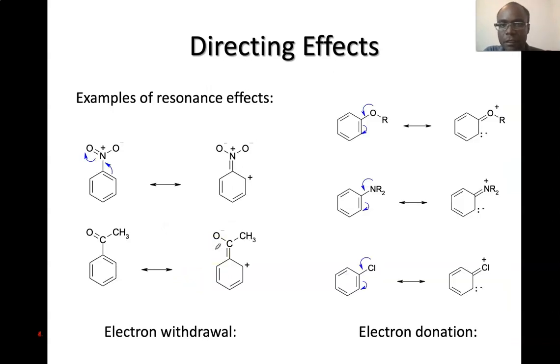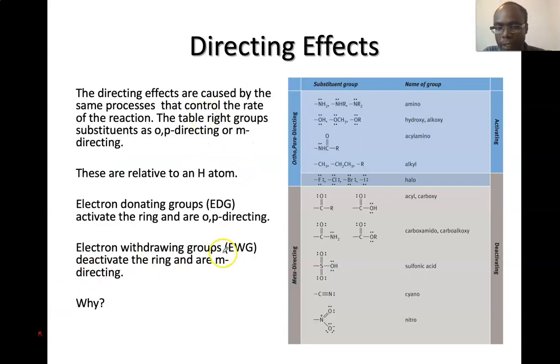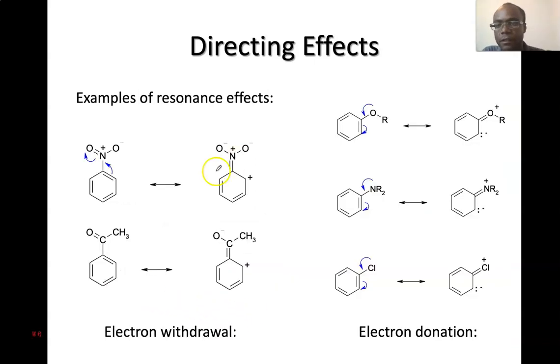But now let's see. Why do electron withdrawing groups deactivate the ring, and why do they direct the incoming electrophile onto the third carbon, which is meta? So let's look at NO2.